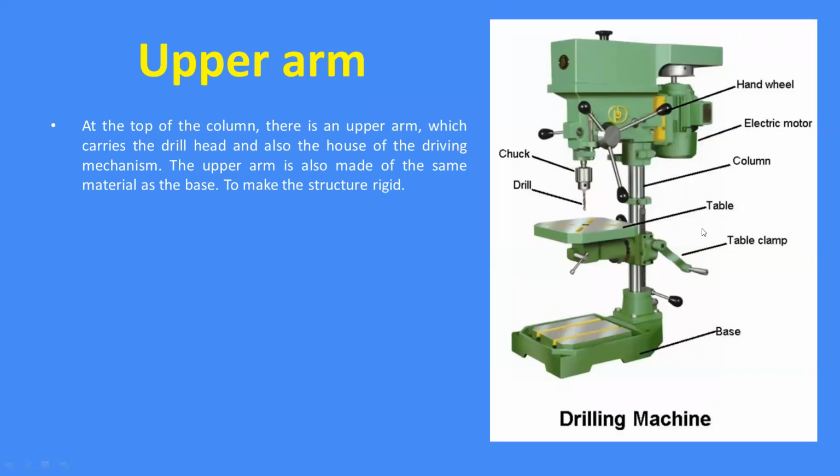The upper arm is also made up of the same material as the base. Why is it made up of the same material as the base? Because it carries the driving unit or driving mechanism, so the structure should be very rigid.